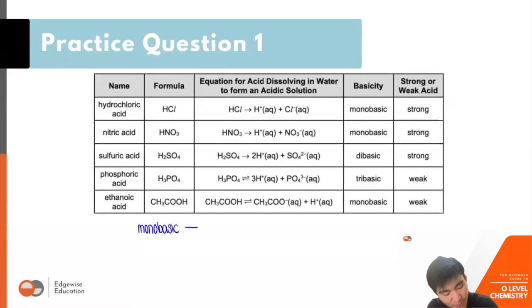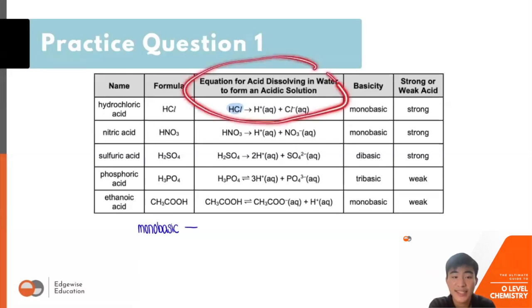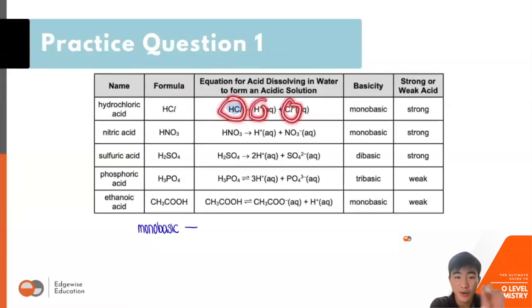For example, I take hydrochloric acid as an example. 1 HCl, this is the dissociation equation or the ionization equation. What does a dissociation equation mean? It means I have one molecule of acid becoming how many molecules of any other substance? Look at this. I have one acid molecule, it is going to form one H plus. 1:1.